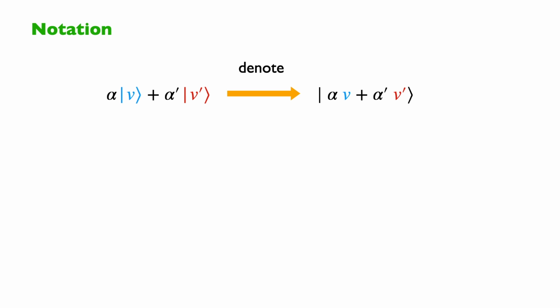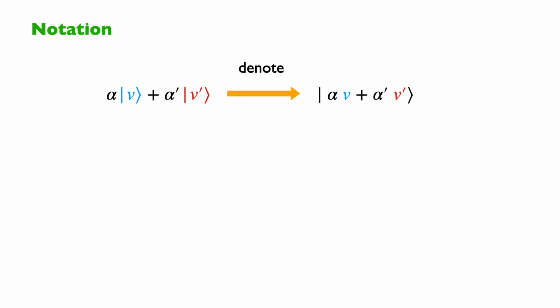We now introduce a useful notation. The linear combination of two vectors V and V' is denoted by a resulting ket. This linearity is indicated by the label or argument of the ket. Alpha and alpha prime are arbitrary complex numbers.